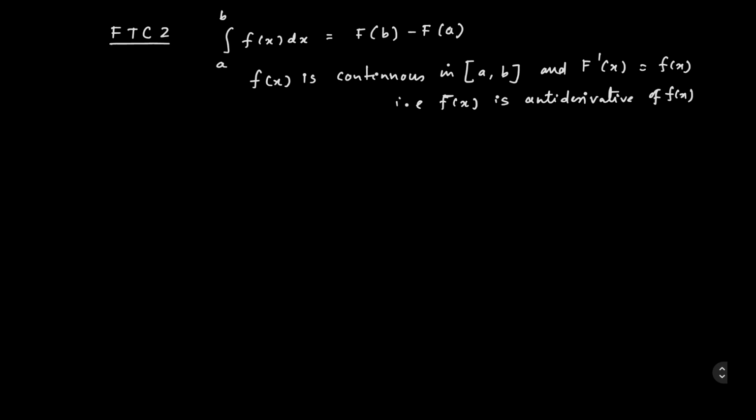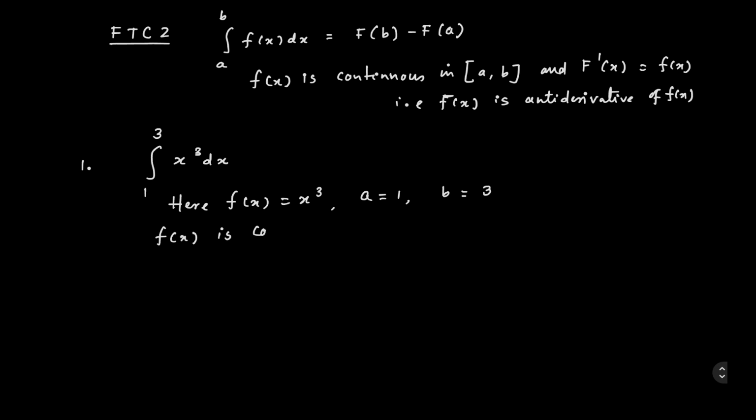Now you are going to solve the question. Say the integral from 1 to 3 of x cube dx. So now here you see f of x equals x cube, a equals 1 and b equals 3. Now here f of x, that is x cube, is continuous in the closed interval 1 comma 3.